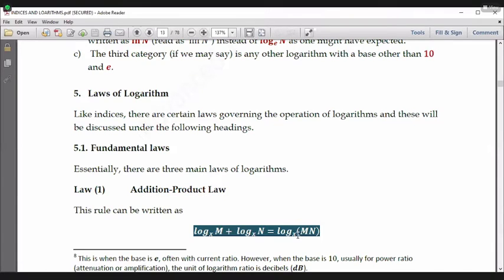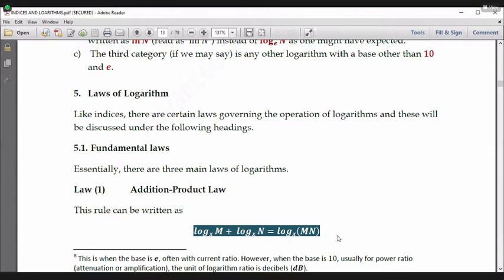If I have log of 2 plus log of 3, and if I have log of 6, do they have the same numerical value? Yes. That is what the law is saying: if I'm adding 2 logs to the same base of 2 different numbers, it's the same as multiplying those numbers, then finding their logs. That is the rule for simple illustration.